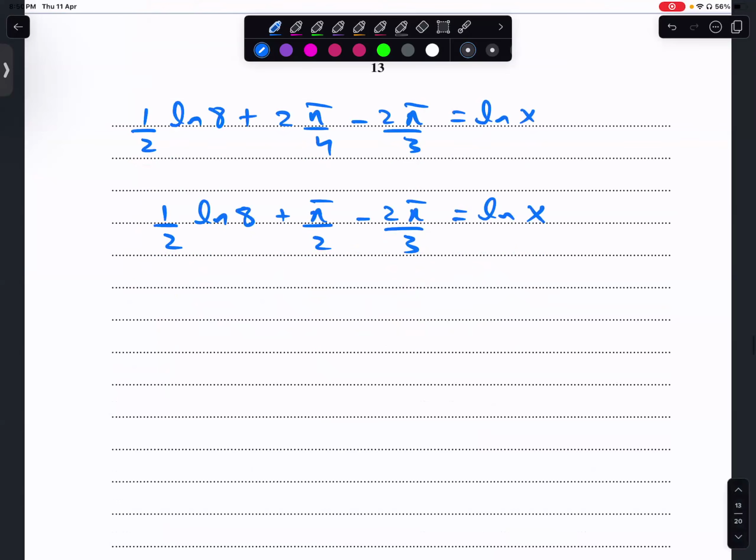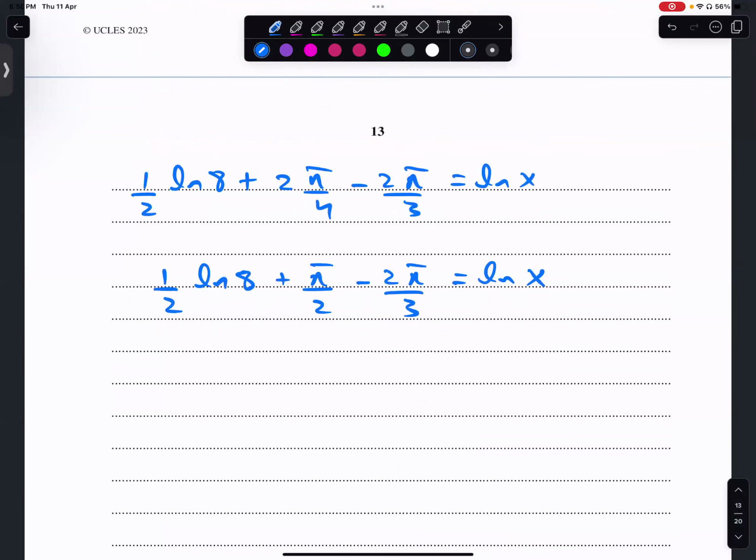So pi by 2 minus 2 pi by 3 will be 1 over 2 minus 2 by 3, so that will be minus 1 over 6. Pi is equal to natural log of x.